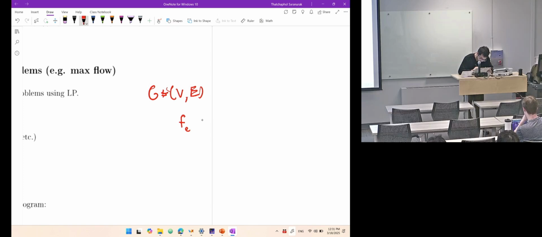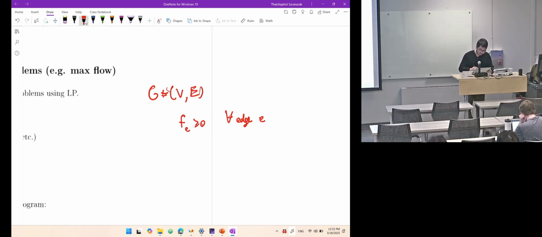For each edge e, I have this variable f_e, and f_e should be nonnegative. This is just the flow on each edge, right?